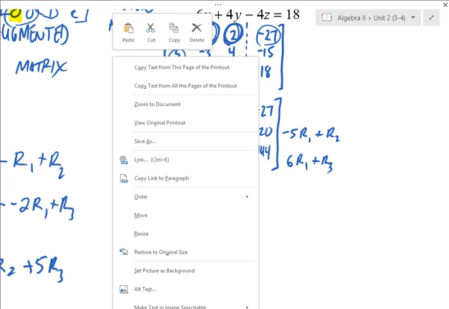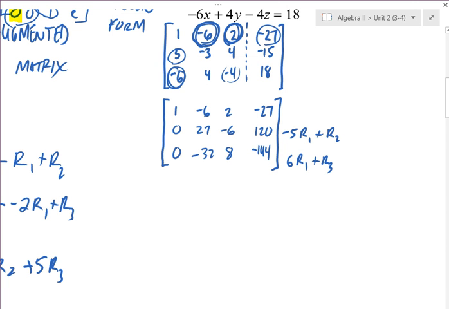Okay? Now I'm getting some pretty big numbers, so let me show you something that might make your life easier. Just like any other equation that we encounter in math, if we want to make the numbers smaller, if we see that they're all divisible by some number, we can divide all the coefficients by the same number. So the top equation, I don't see a common factor for those, so I'm going to leave it.